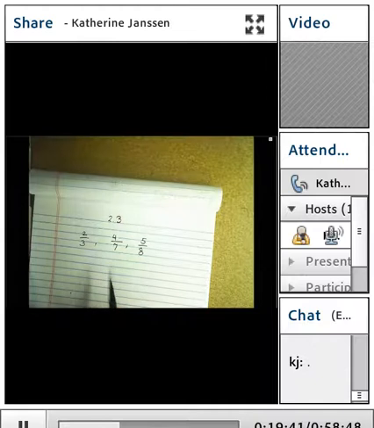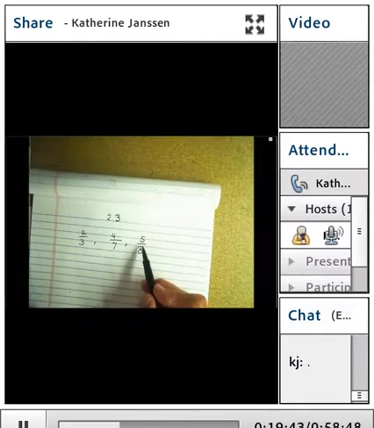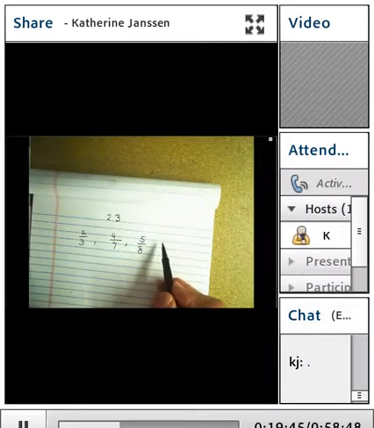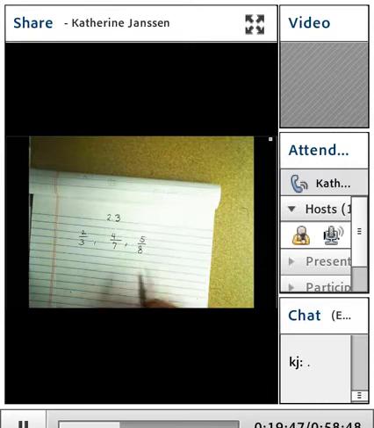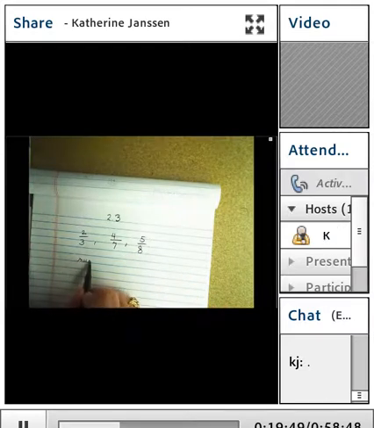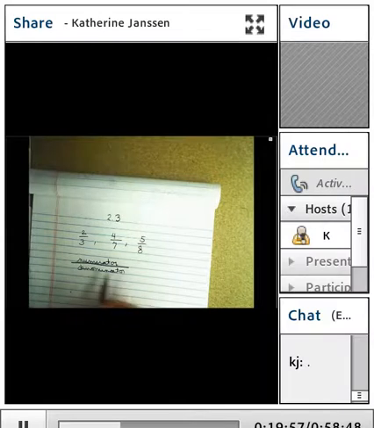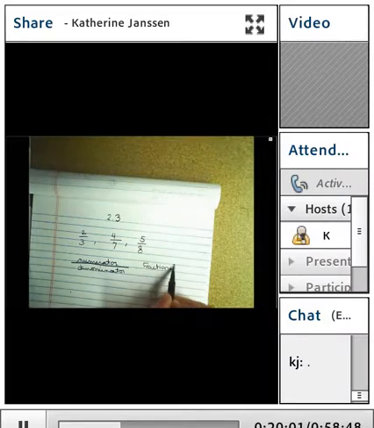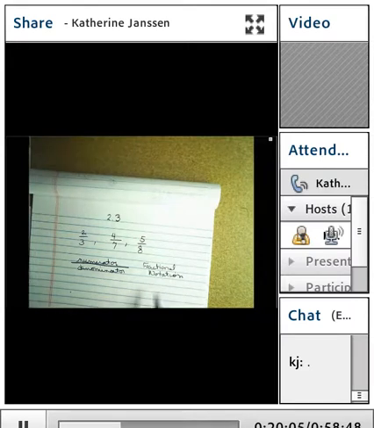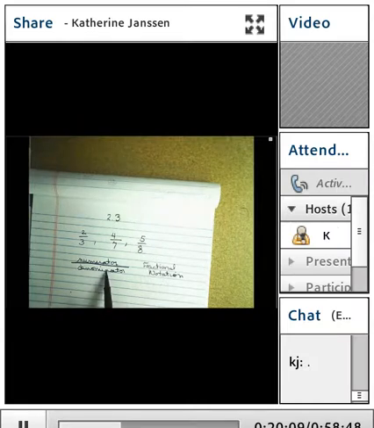They're called fractions because they're in fractional notation, a format with a numerator over a denominator. So fractional notation is a number with a numerator and a denominator.